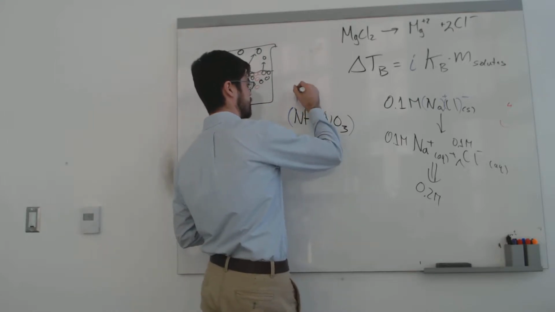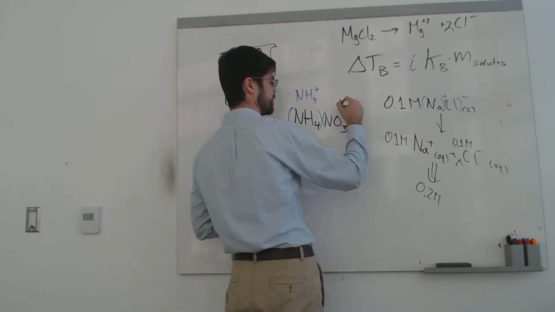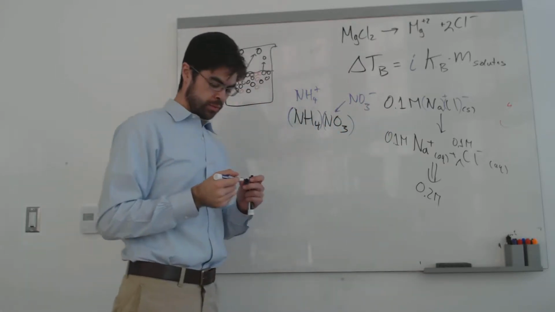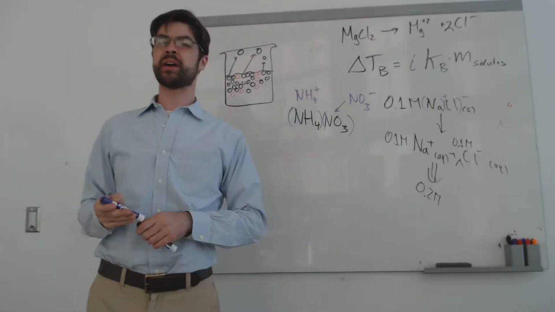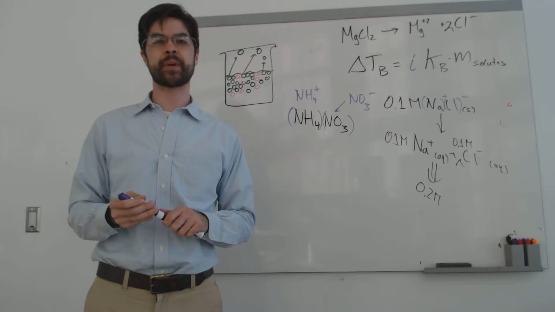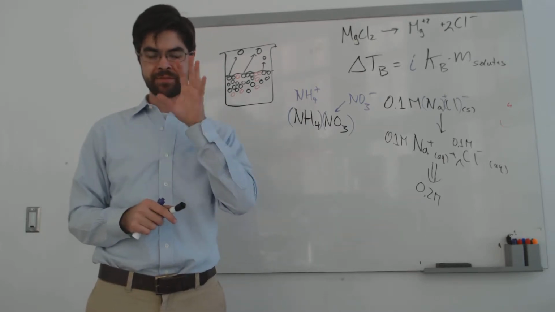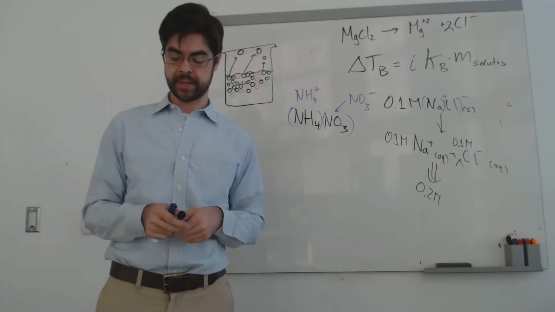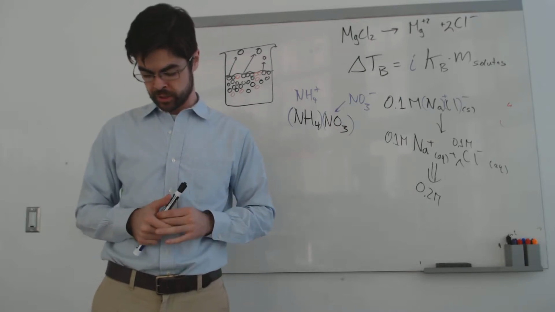This is ammonium, which has a positive charge, and this is the nitrate ion. That's the ammonium ion, that's the nitrate ion. Those are examples of polyatomic ions. They are little molecules that have net charges, and since you have two separate ions, that's an ionic compound. And those also tend to dissociate into separate ions in solution.